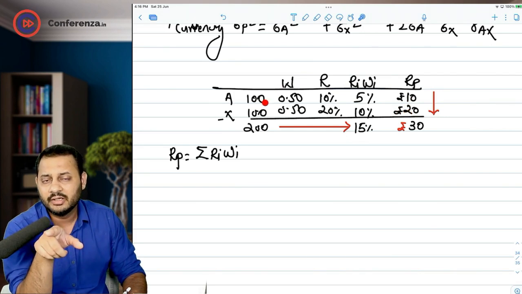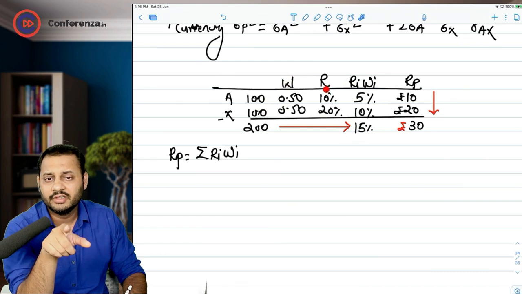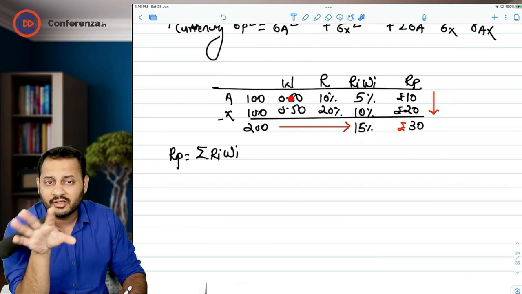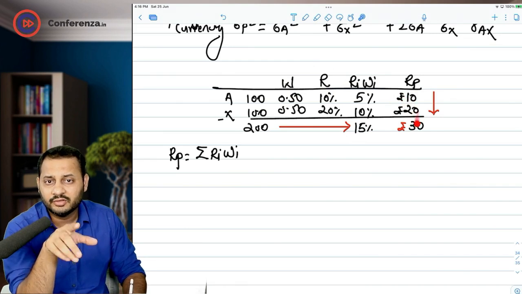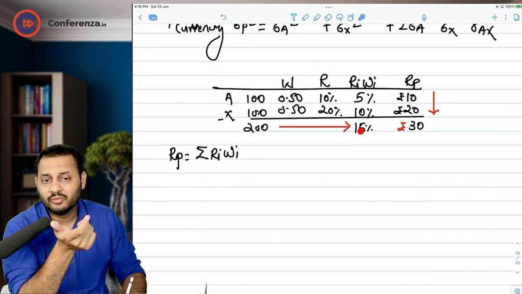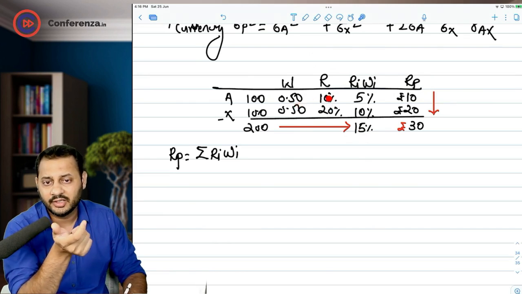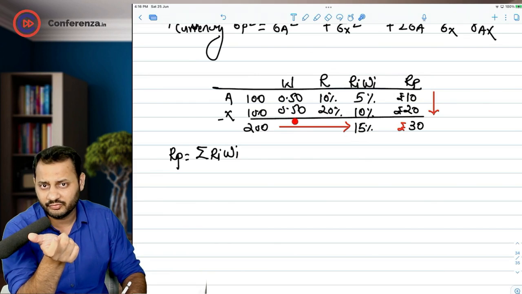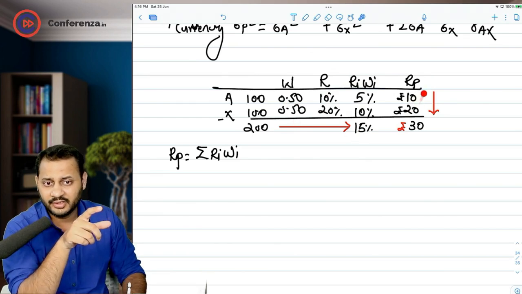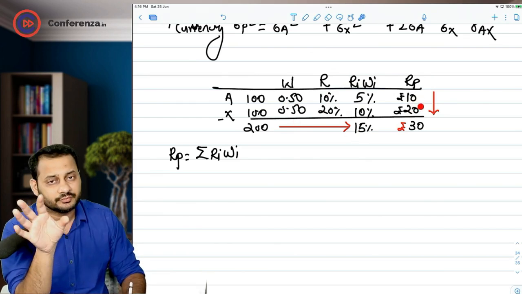We simply multiply the investment with the return. Weight will not come anywhere in between this. But while calculating the percentage, you had to multiply the weight with the return. 10 into 0.5, 20 into 0.5. But while calculating here, we do not have to use the weight.